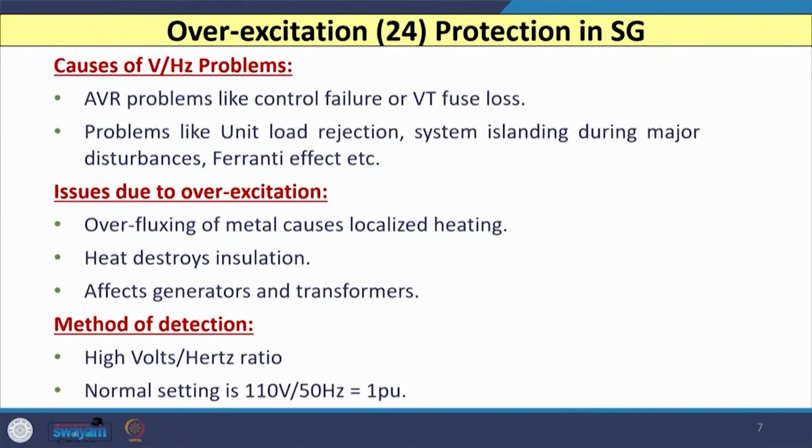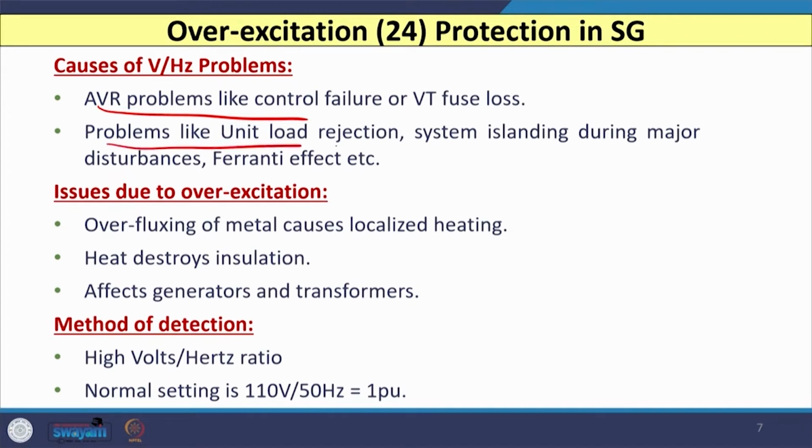The next category of protection is the over excitation protection in the synchronous generator. We know that in a synchronous generator, because of issues like control failure or fuse failure of the voltage transformer or potential transformer, fluctuation of voltage is there even though we have automatic voltage regulators, but it is always there.